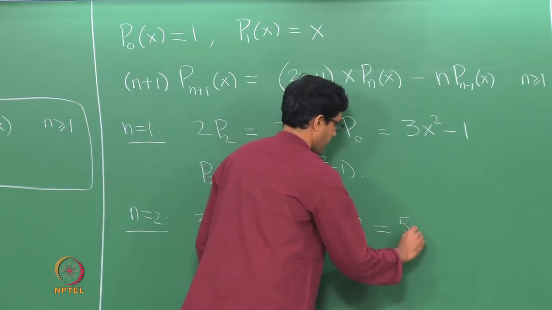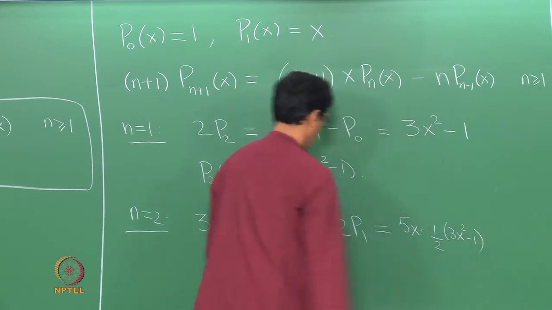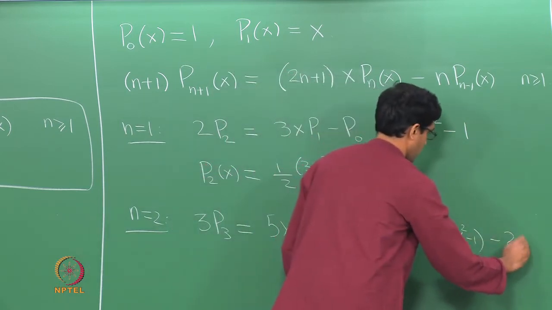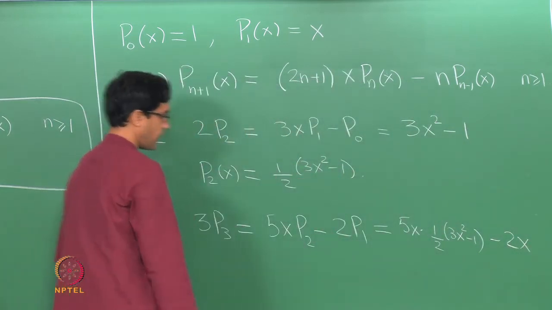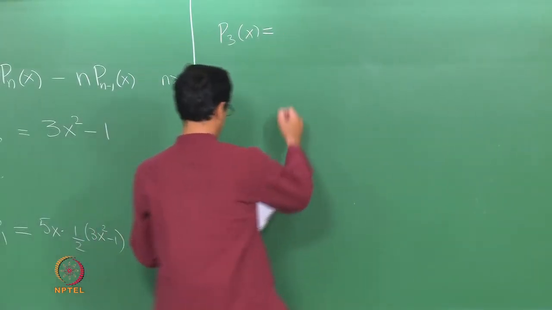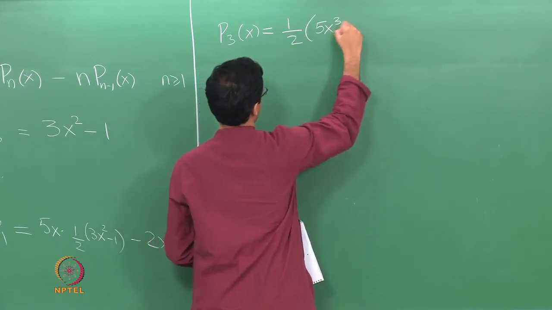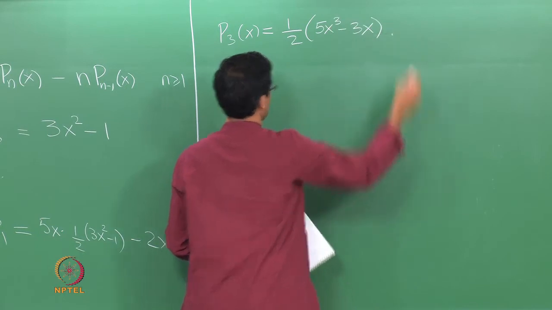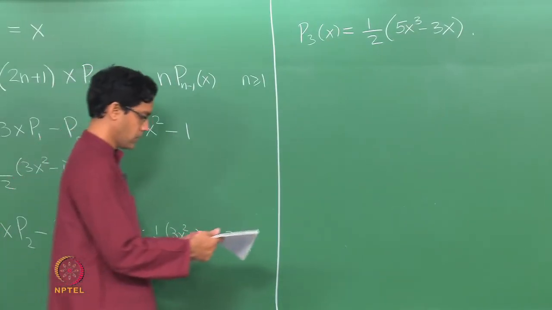So, this is 5x times half of 3x squared minus 1, and P1 is of course x, so it is minus 2x. One needs to simplify this a little bit, divide by 3 to conclude that P3 of x is just half of 5x cubed minus 3x. You will need to do some simplification to see that this is in fact true.